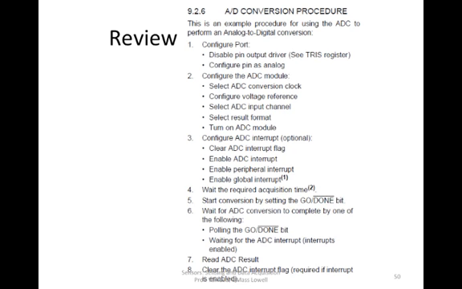You can do something else. Once the interrupt happens, that's the indication of the completion of the conversion. So either way, you will be able to read the final ADC value out of those two registers, AD result high and low. And for the interrupt, you need to clear the interrupt flag.